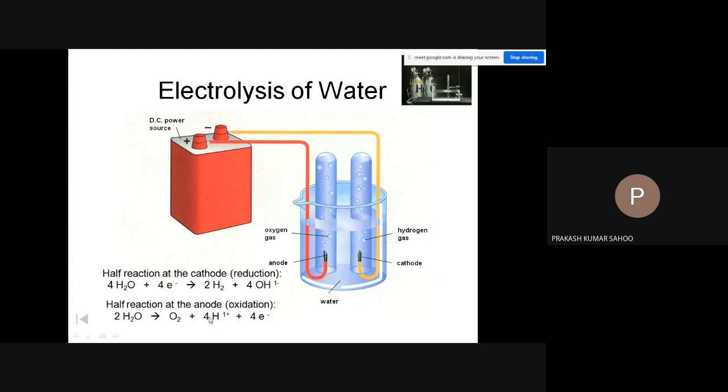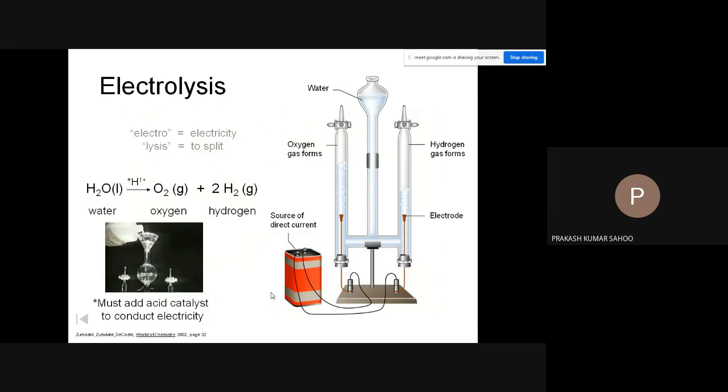Again 4 H plus and 4 OH minus will combine, and we will have 4 water molecules in the same container. That means from here 4 H plus is liberated, from here 4 OH minus is liberated, and they will return and bond and form water again.